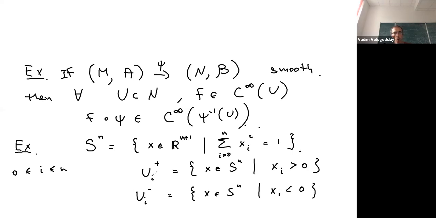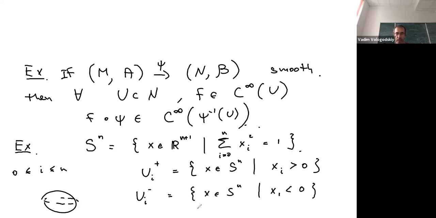So this is an open upper hemisphere. Well, not upper, it depends on what i is. This is an open half of the sphere. You take the part which belongs to the open upper half space, and this is the lower half space.